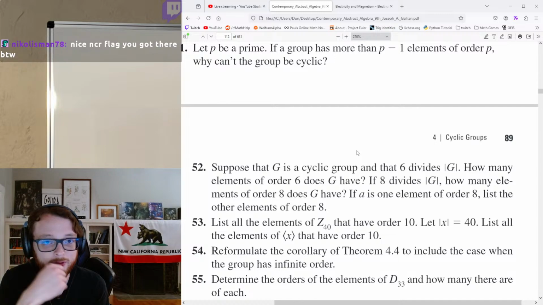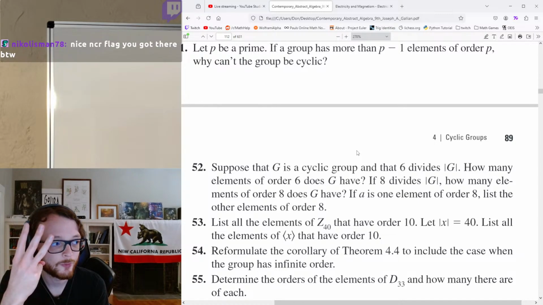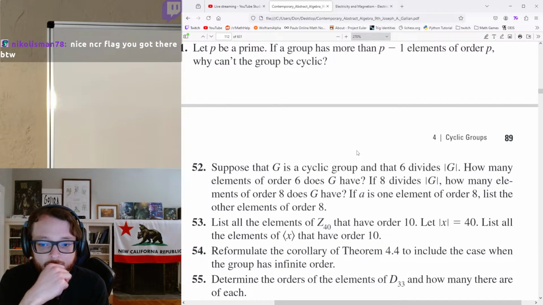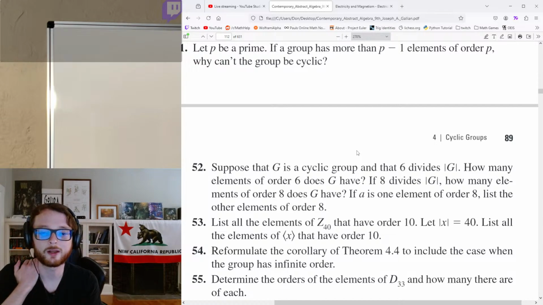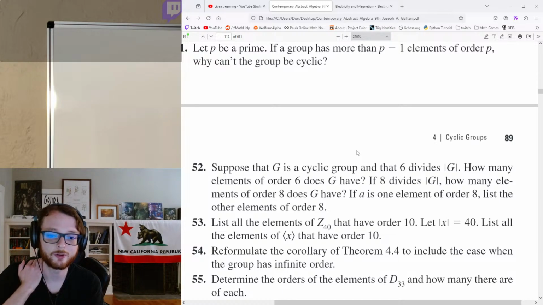Elements of order 8. 1, 5, 7, 3. If A has one element of order 8, or if A is one element of order 8, let's see other elements of order 8.